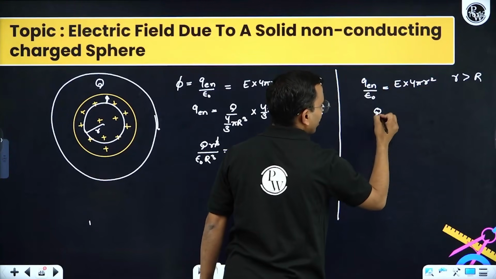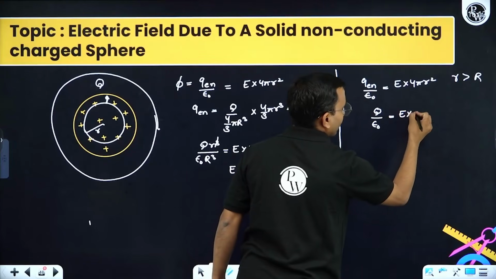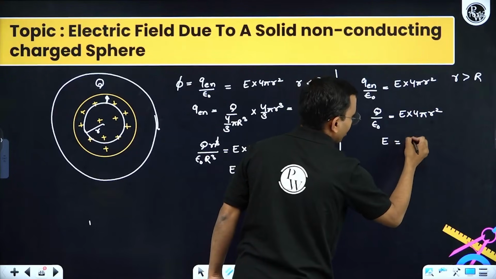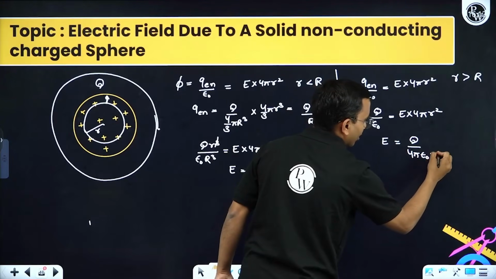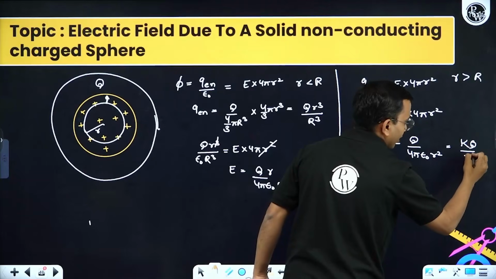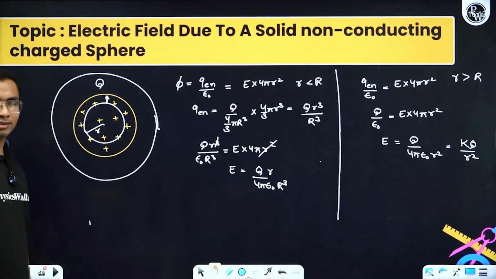Q enclosed is Q only, Q by epsilon naught is equal to E into 4 pi r square, and you will say E is equal to Q divided by 4 pi epsilon naught r square, which is just kQ by r square, and it will again behave like a point charge which is kept at the center.